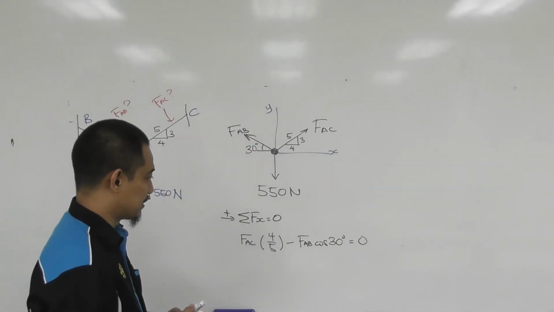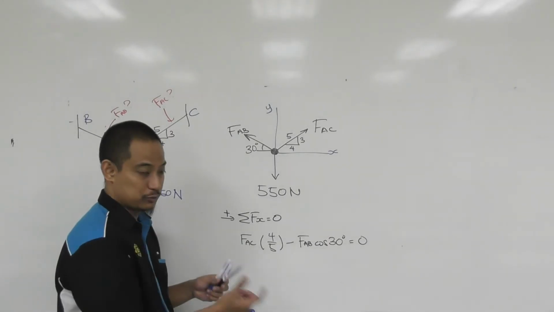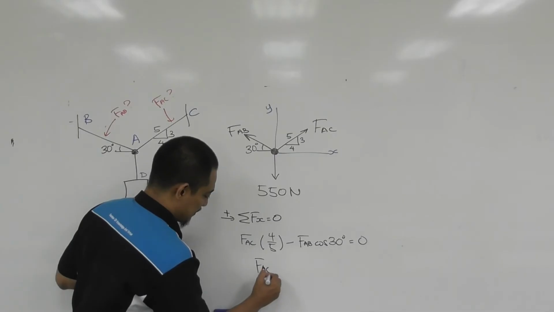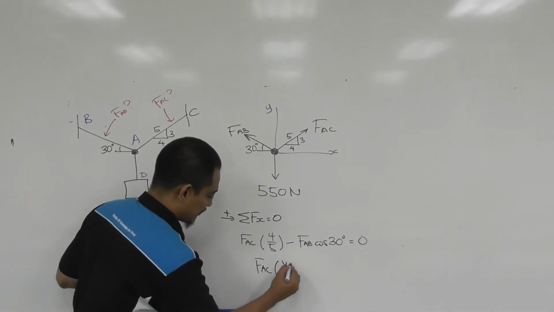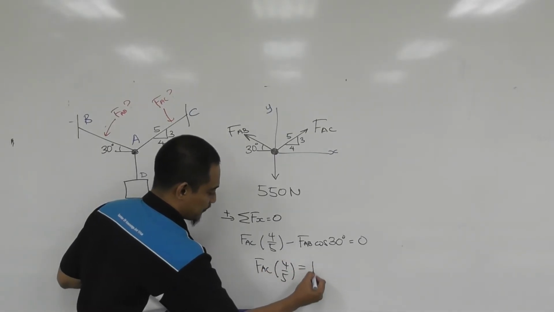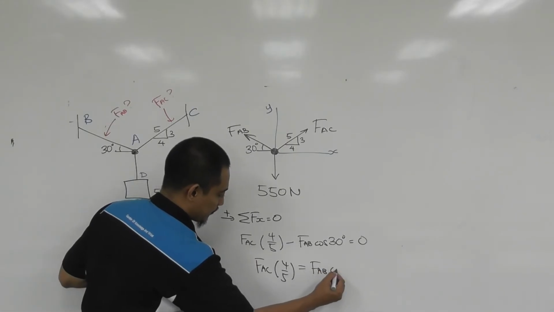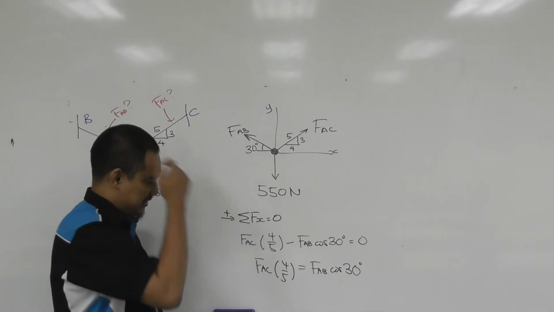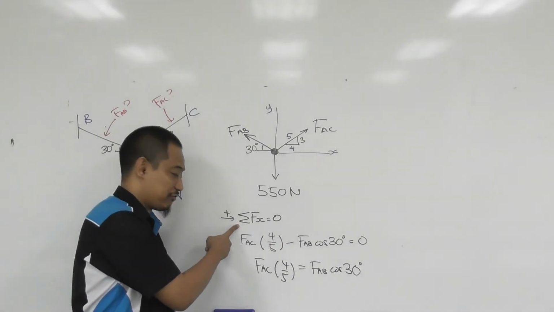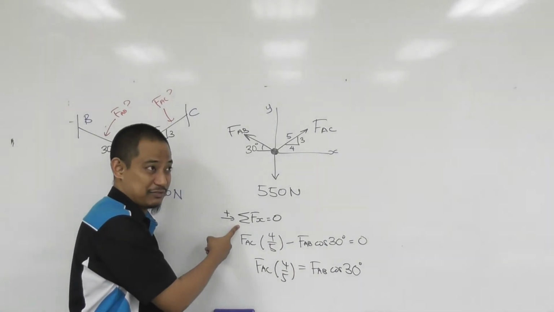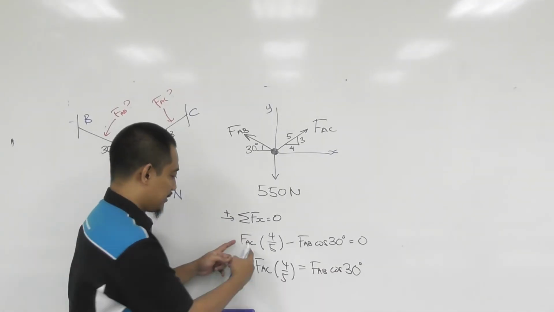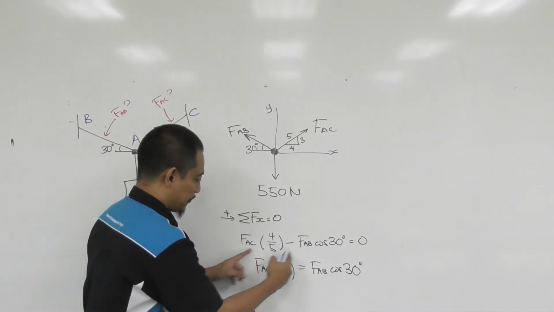Another thing is, sometimes some students jump into, for example, from here you can get FAC 4/5, you bring it there equal to FAB cos 30, right? Now, this is the original equation of equilibrium, summation of Fx equal to 0. This is the manifestation of it, meaning that summation of Fx is this minus this.